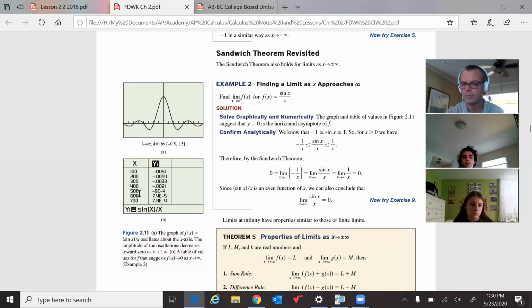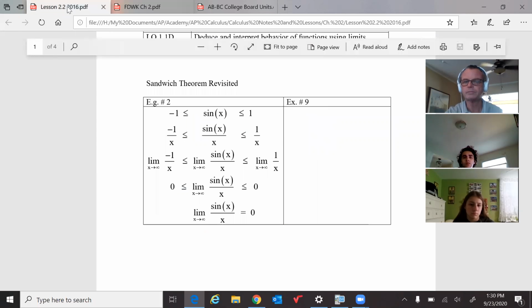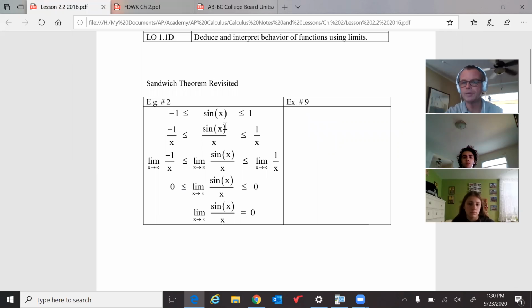All right. Except half the AP test is without a calculator. So how could you do this without graphing it? And that's what this is about. So we say, all right, this is what I've got. Sine x divided by x. That's the question in line 2. But if I back up to line 1, what do I know?